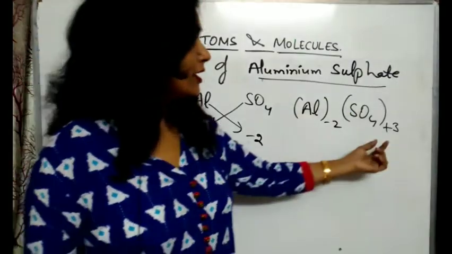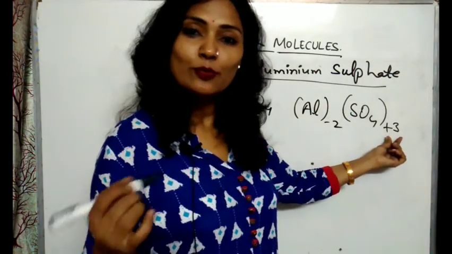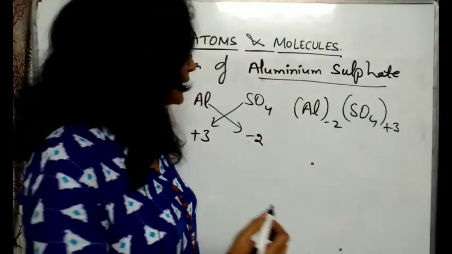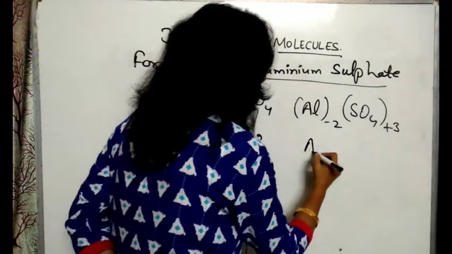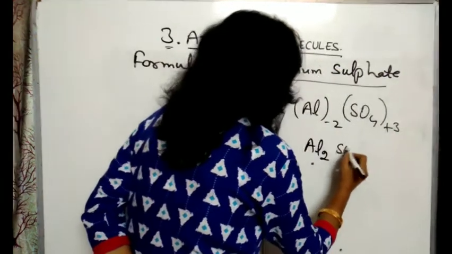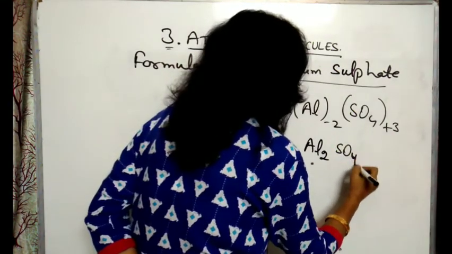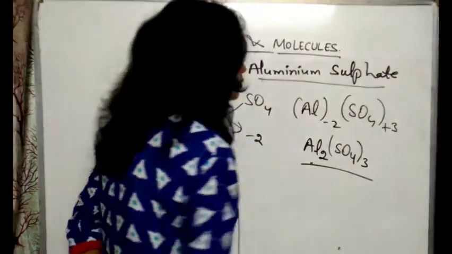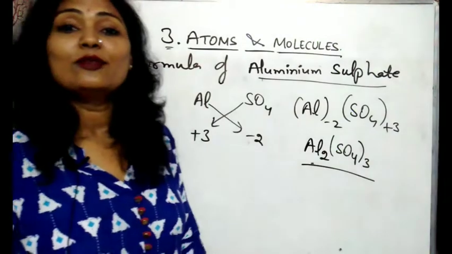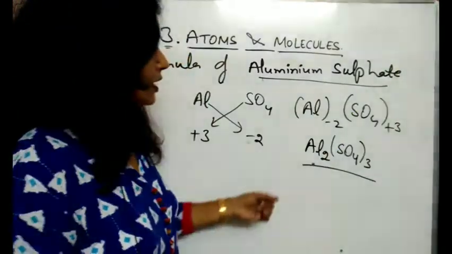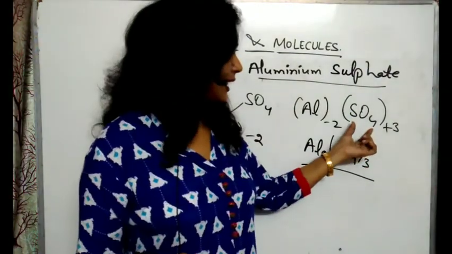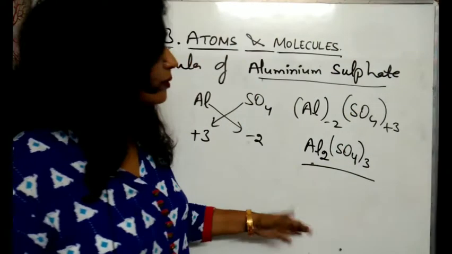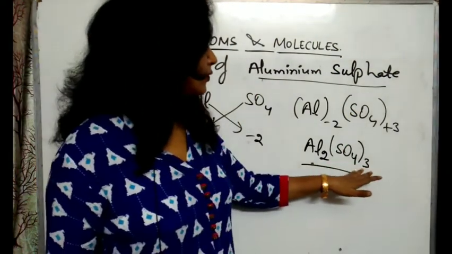Here its valency is more than 1, it's plus 3. So we will not take off the bracket here. We will write it like that: Al2(SO4)3. So this is the formula of aluminium sulfate. We are not taking off that bracket here. Why? Because the number of atoms here will be different.